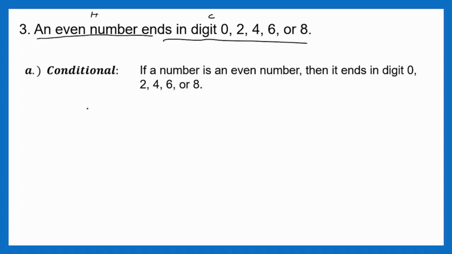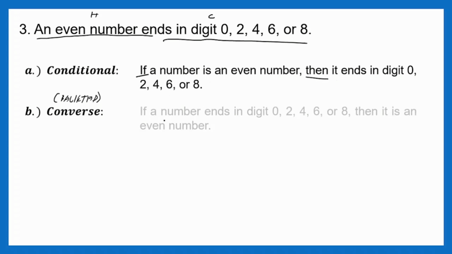Alright? So, let's have the converse. So, ito na yung conditional kasi naka-if, saka naka-then na yung statement. Converse is baliktad. Tandaan nyo yan, baliktad lang sa converse. Baliktarin mo yung dalawa. Hypothesis, magiging conclusion yung nauna. So, magiging ganito yun. If a number ends, okay, so napansin niyo yung if a number, ganun pa din.